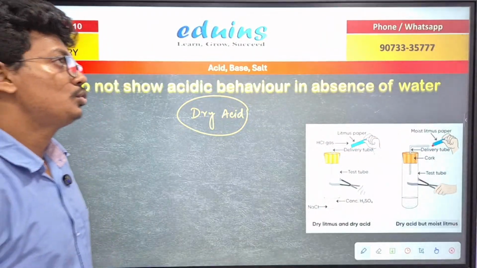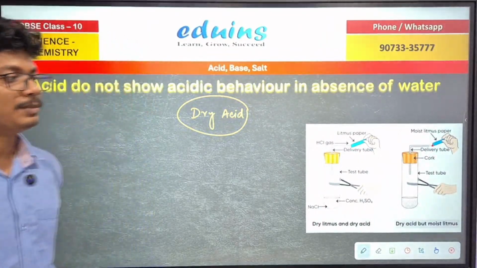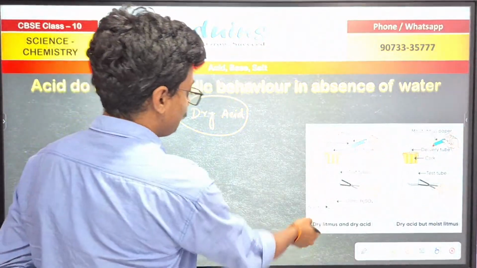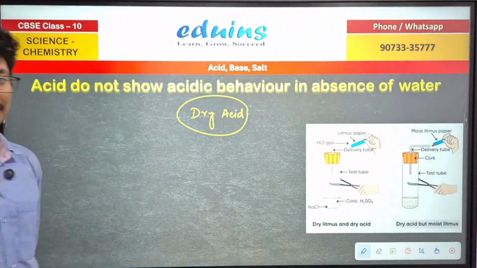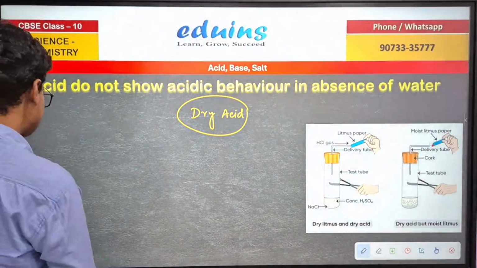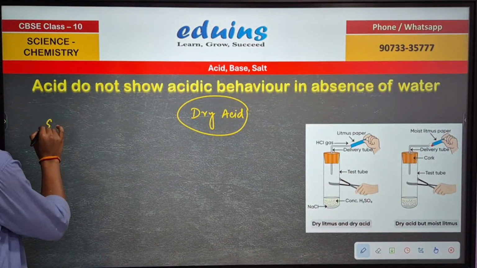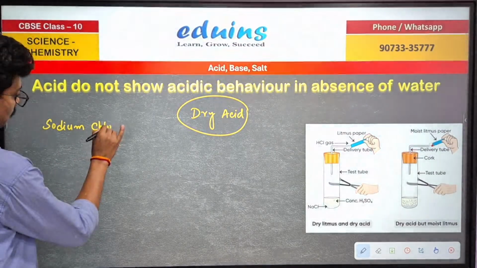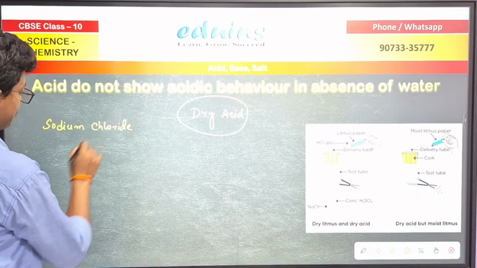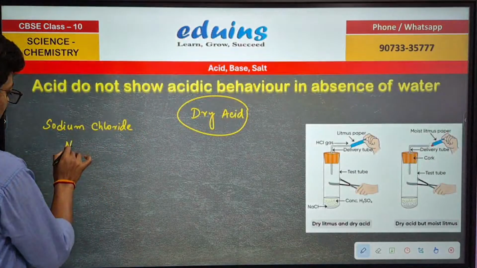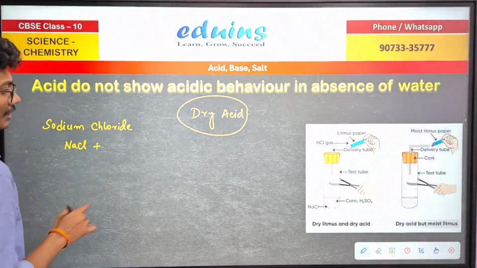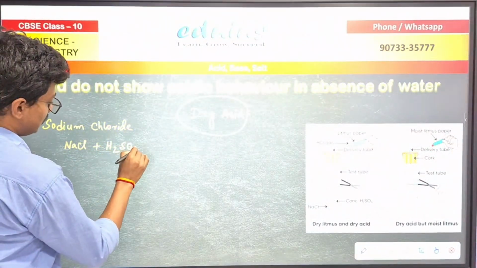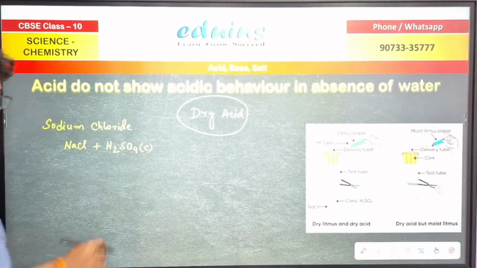So to prove this we can perform a test. How? Suppose we have taken the sodium chloride, that is NaCl, plus concentrated H2SO4, that is concentrated sulfuric acid.